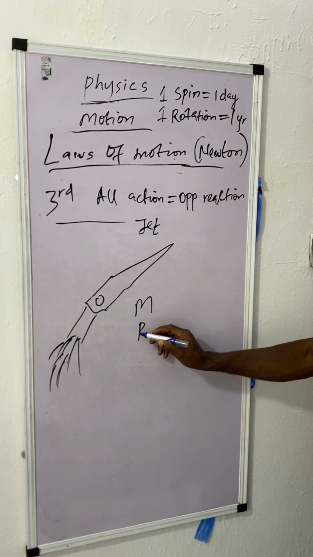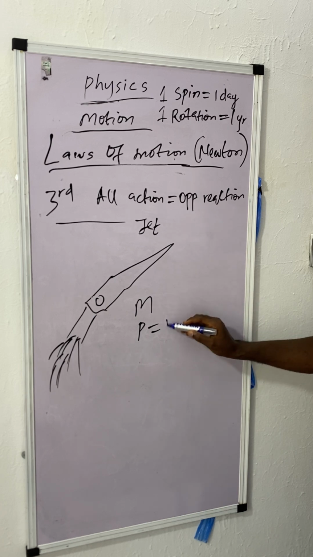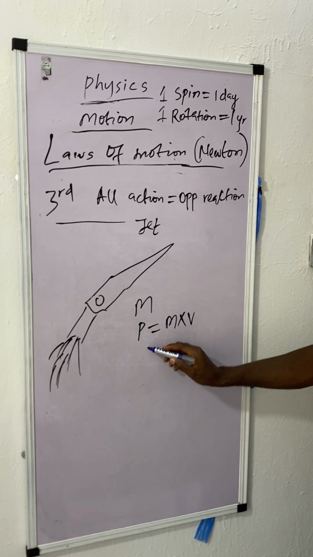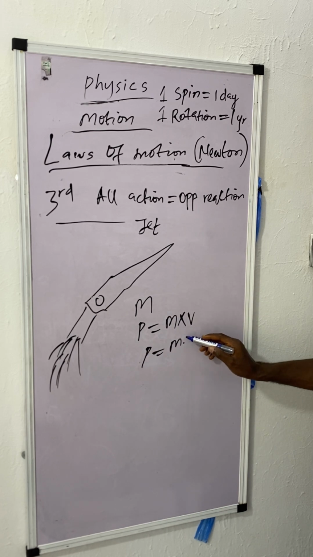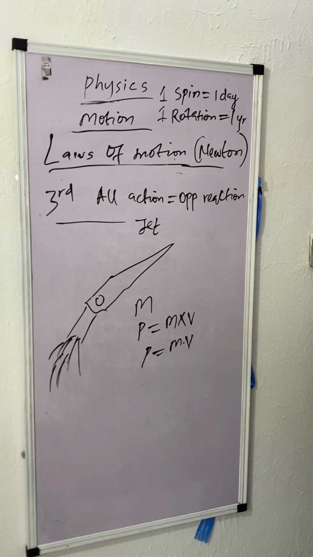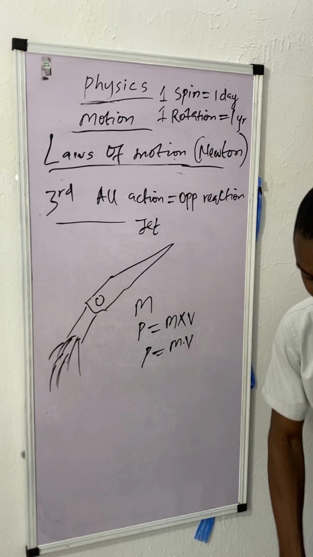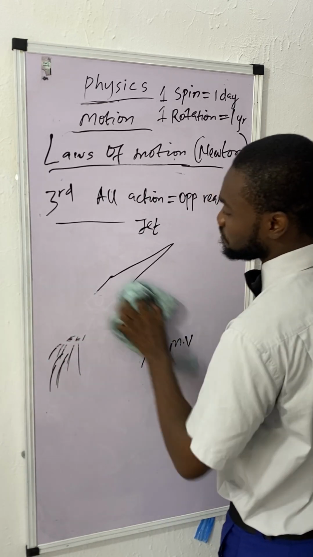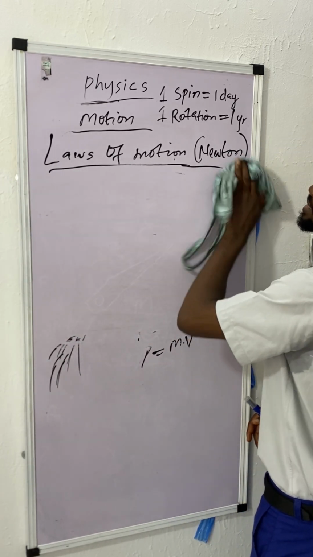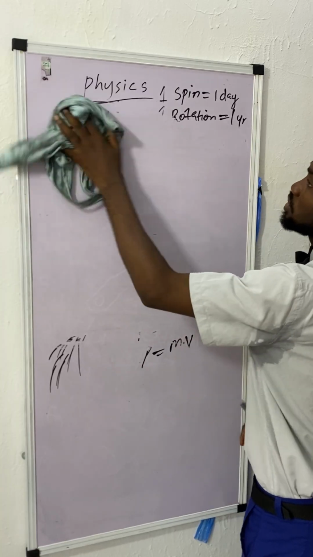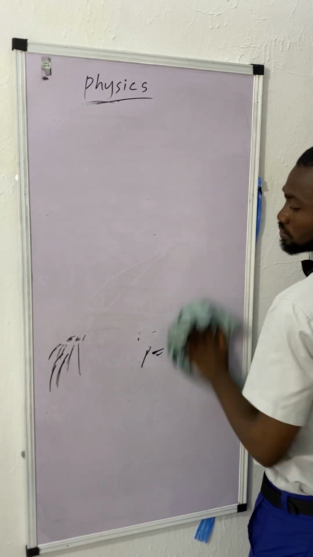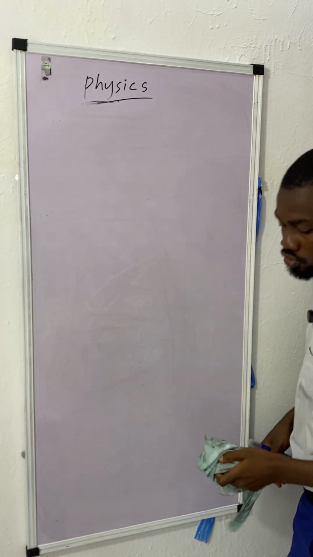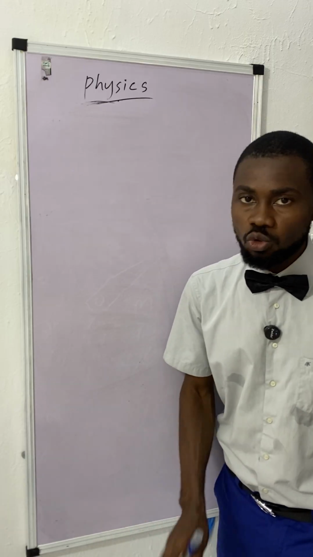We already said that momentum, or P, is equal to the product of a body's mass times velocity. So P equals m.v. The impulse of force is the instantaneous response of a body to the force that acts on it. That's impulse for you. You slap me now, I quickly respond.